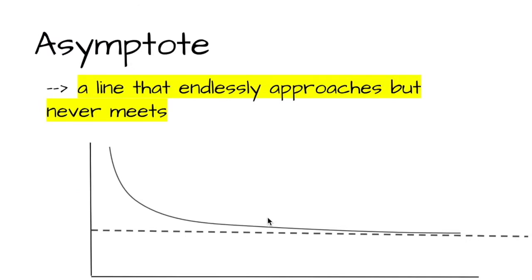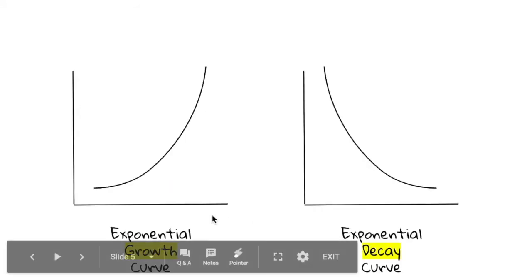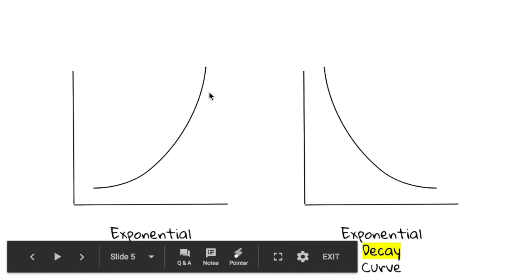This concept is known as an asymptote. An asymptote is a line that endlessly approaches but never meets. So here, let's assume that this graph is a graph of 2 powered by x. As it is increasing, there is no limit on the x-axis, but on the y-axis, this function can never meet 0.